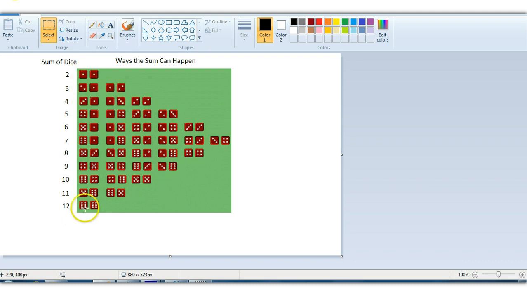If you count them all up, there's 36 total outcomes here, right? And again, that's coming from that counting principle. 6 for the first die, 6 for the second die. So there's a total possibility of 6 times 6 or 36 outcomes, right? And these are what all those outcomes sum to, 2, 3, 4, 5, 6 over here on this side.